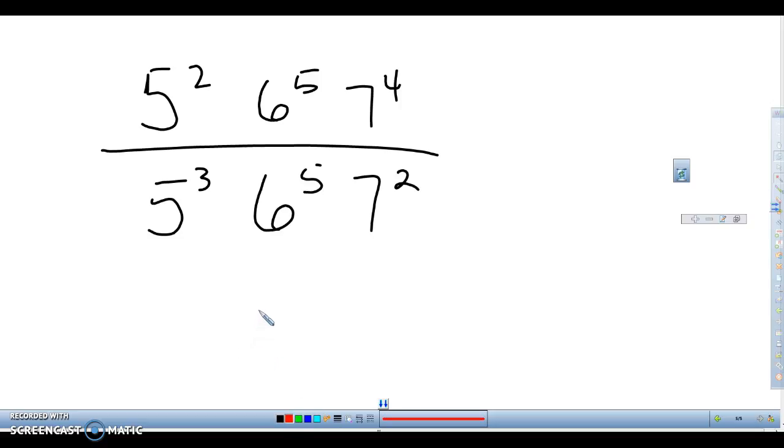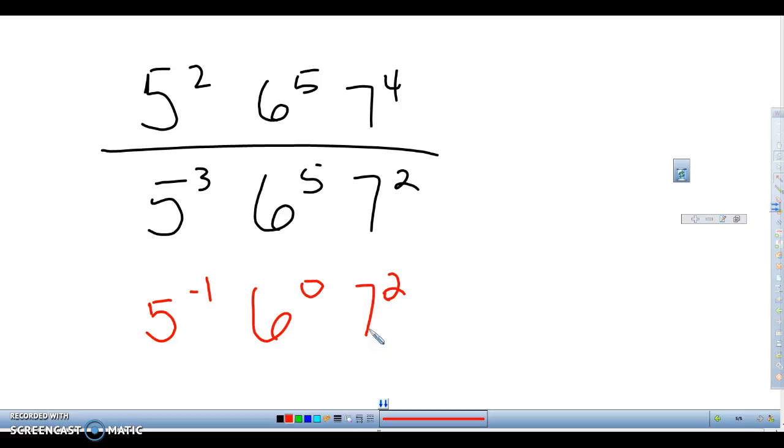Okay, so you can't multiply across because they don't have the same base. But I can subtract down. 2 minus 3 is negative 1. 5 minus 5 is 0. 4 minus 2 is 2.